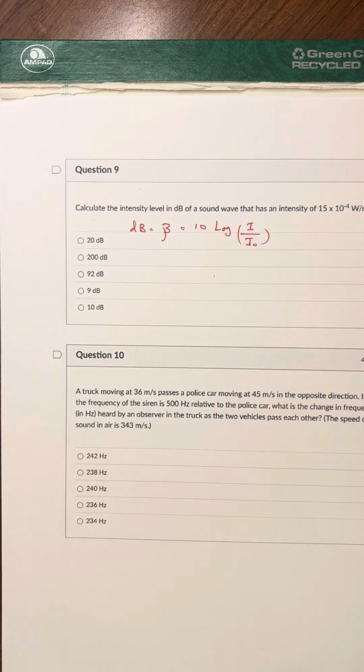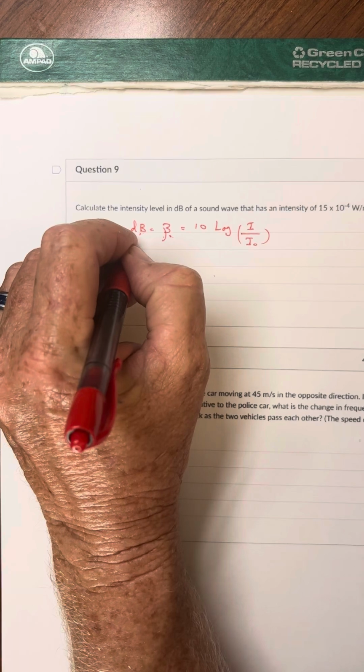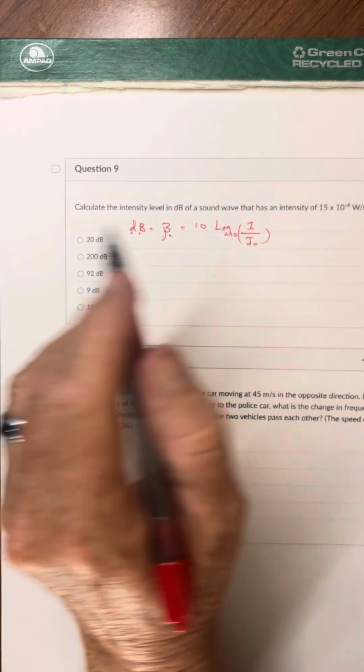Now this must be in the sound waves, so chapter 17, section 3, I'm kind of scanning the book here, there it is, this equation. They have a beta, good, and then they have a parentheses for measured in units of decibels. 10 log, I do log base 10, okay.